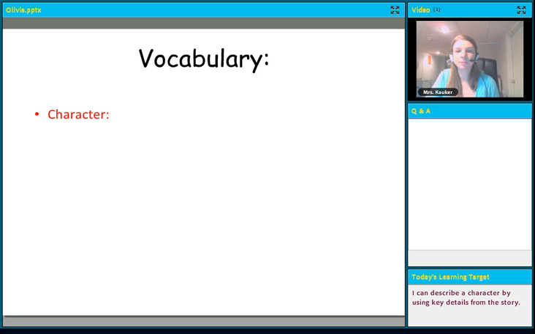It's a person that is in the story a lot, the main character. A character is a person, or it can be an animal in a story. You're exactly right, Missy. A person or animal in the story.